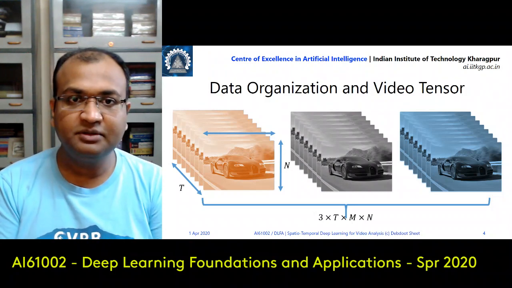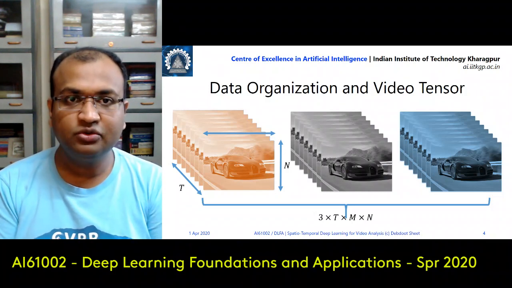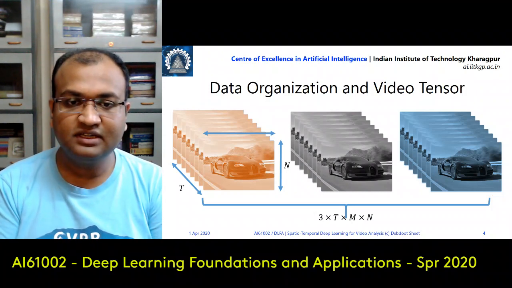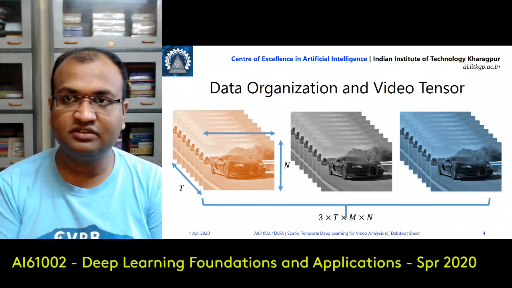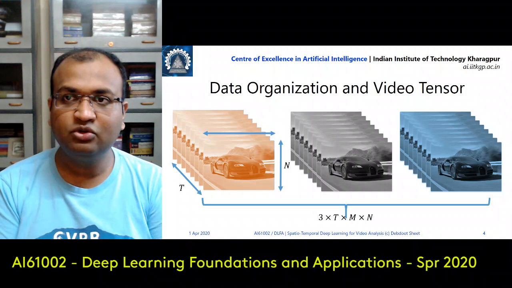In that kind of representation, I would easily be able to do a frame by frame kind of analysis. Whereas over here, where I am representing my video as channel cross time cross m cross n, I would easily be able to handle a temporal variation in space for each of the channels.